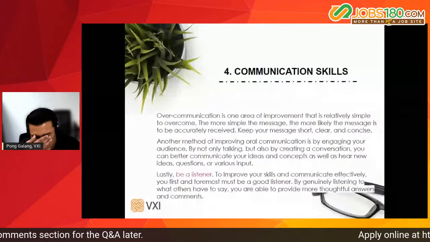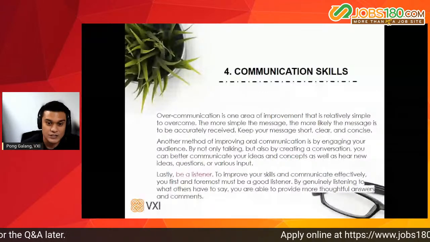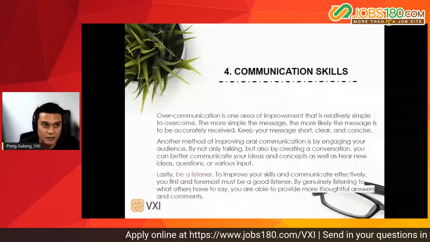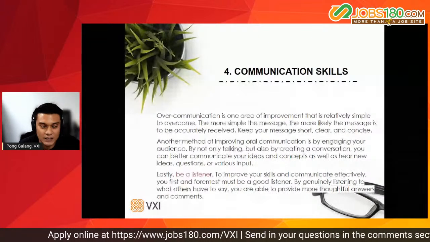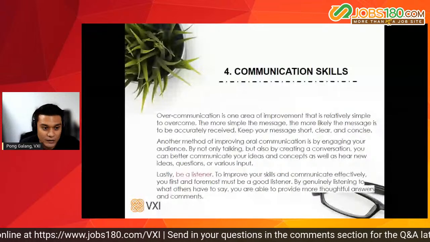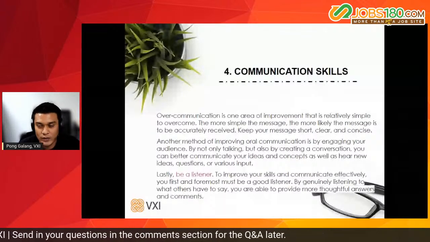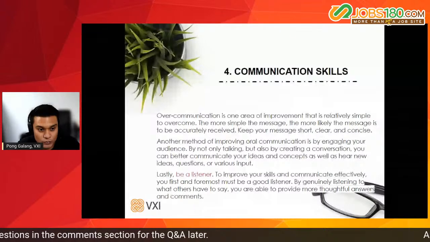So, guys, with communication skills, I've mentioned this earlier as well. Communication is always the key to any company, right? Keeping the line of communication open is very important. So that's why we also have a tendency for Filipinos to over communicate, right?